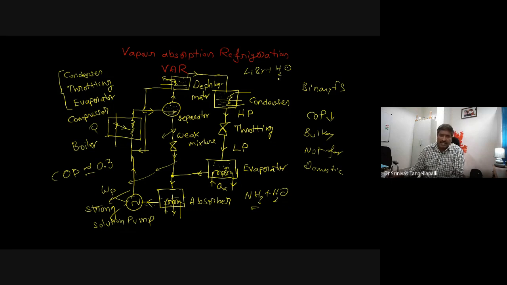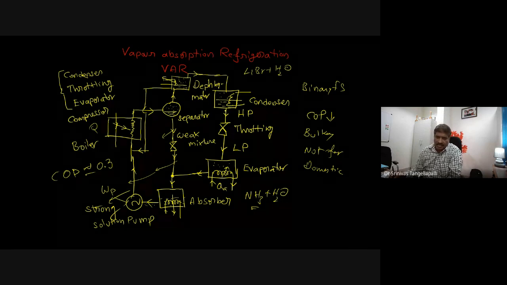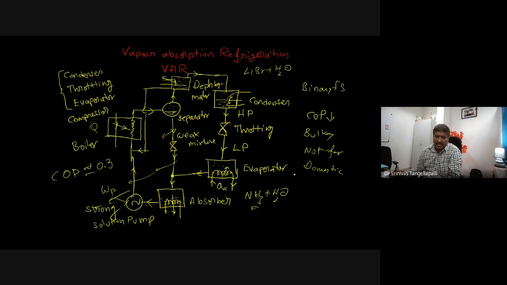We can't condense this H2O below 0 degrees centigrade. Ice formation blocks the pipe. But in NH3 H2O, we can operate this system even below 0 degrees centigrade without any blocking or freezing effect. And they are useful mostly for industrial applications like cold storage.